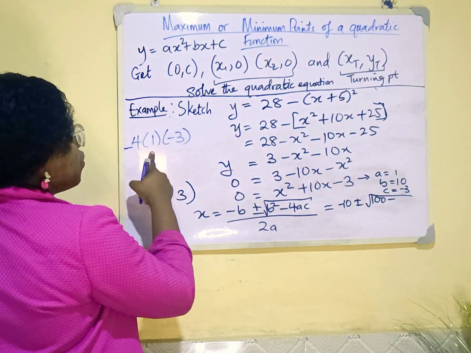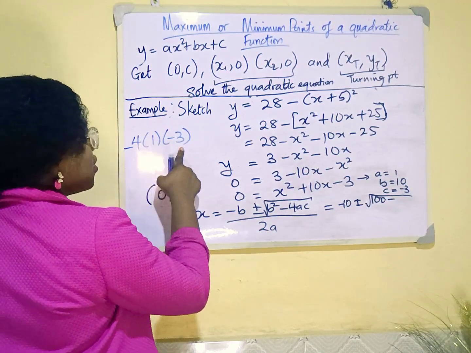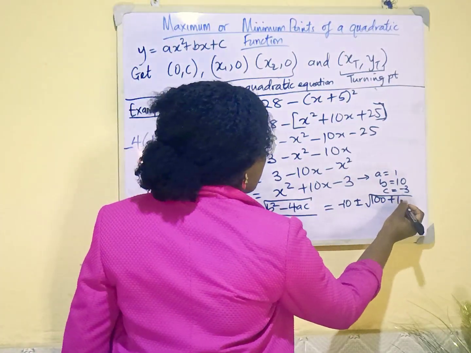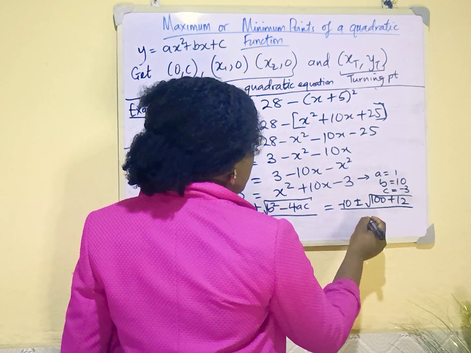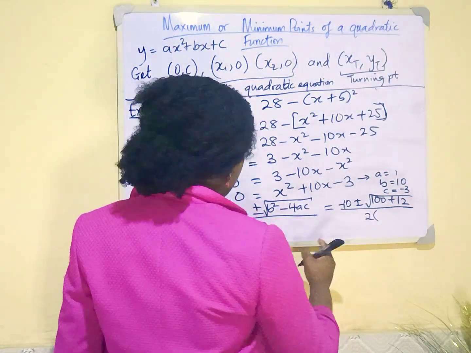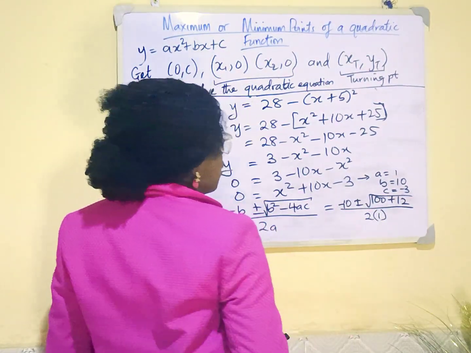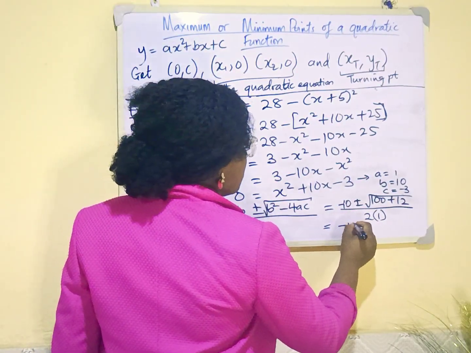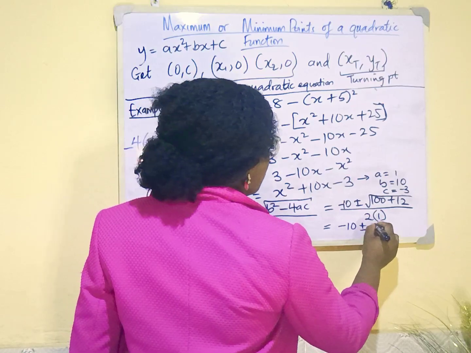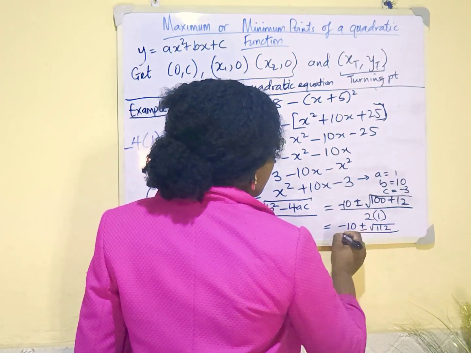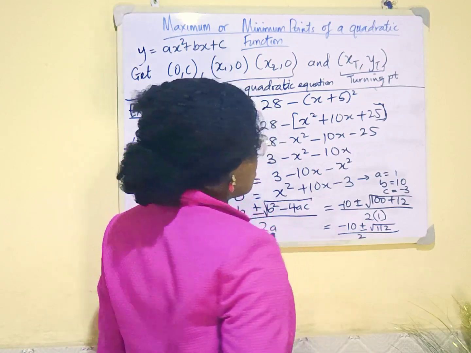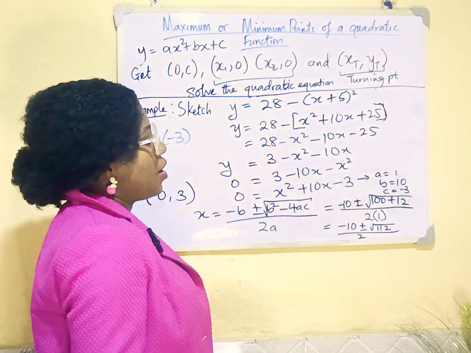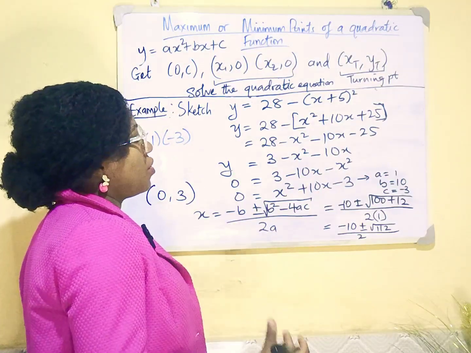So minus 4 times 1 is minus 4, times minus 3 is 12. So this changes to plus 12, all over 2 times 1. Okay, so this will give me minus 10 plus or minus root 112 all over 2. So I'm going to crunch this up in a calculator and get my 2 points, x1 and x2.